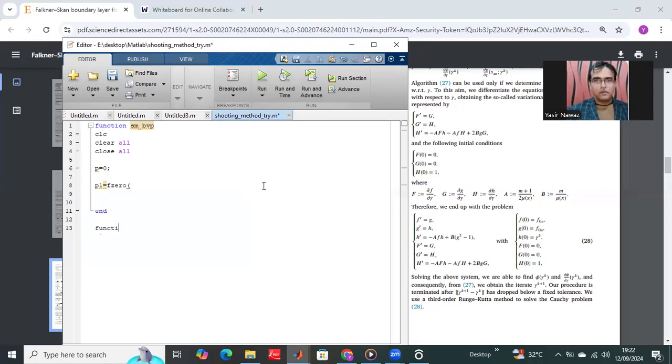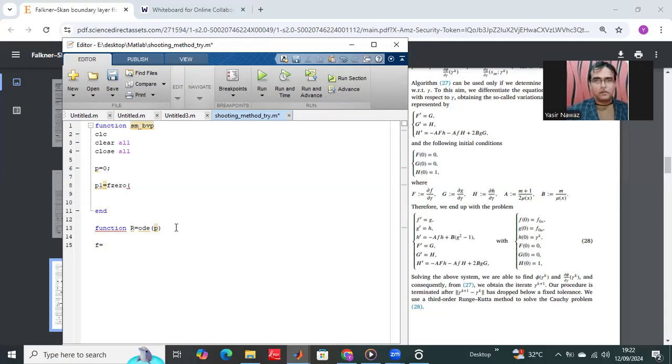So I will introduce a new function with output R and input P. And I will give these differential equations in the form of a function.